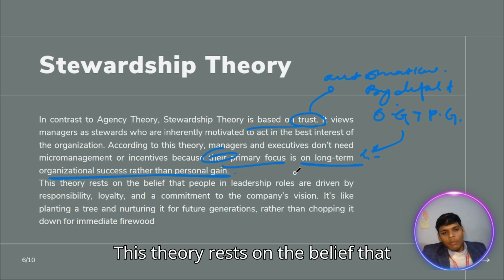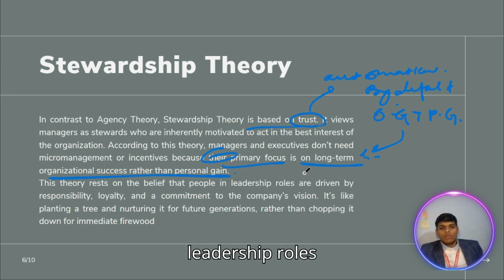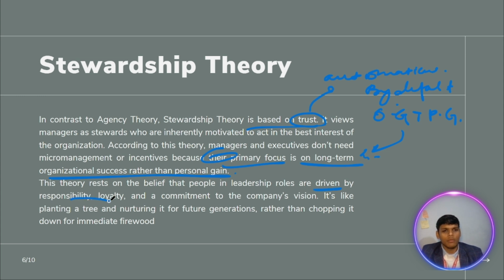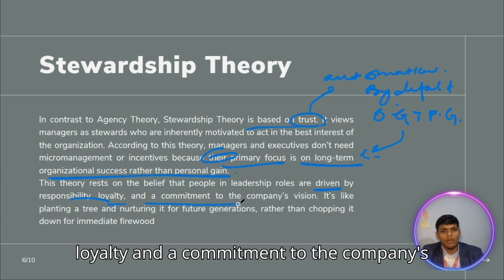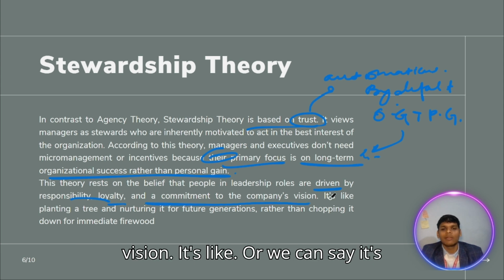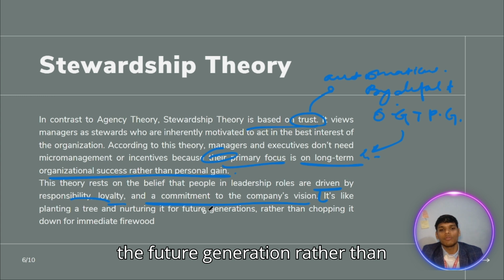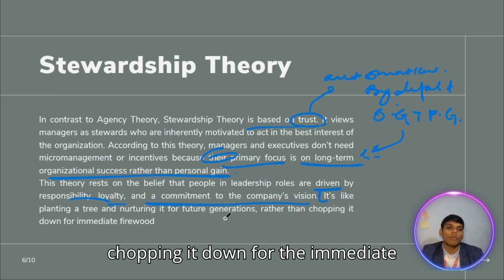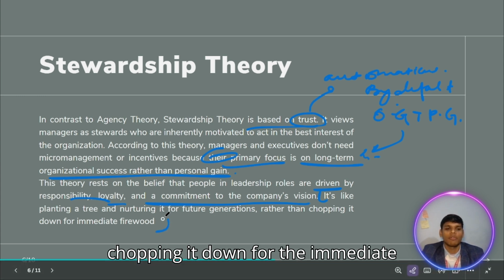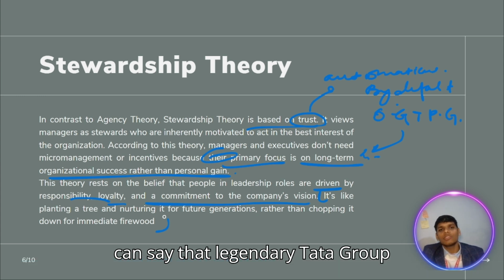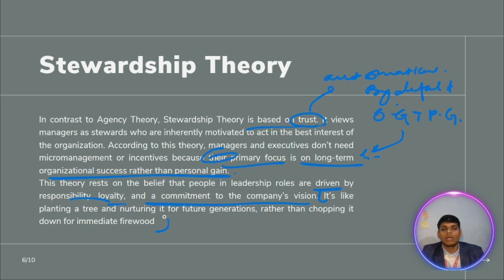This theory rests on the belief that leadership roles are driven by responsibility, loyalty, and a commitment to the company's vision. It's like planting a tree and nurturing it for future generations rather than chopping it down for immediate firewood. For example, the legendary Tata Group, a name synonymous with trust and integrity.